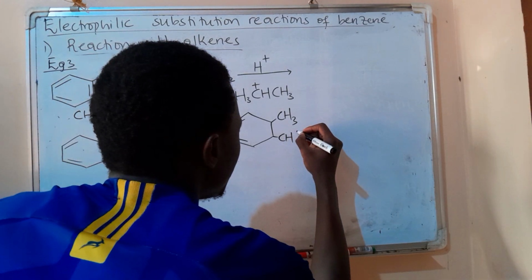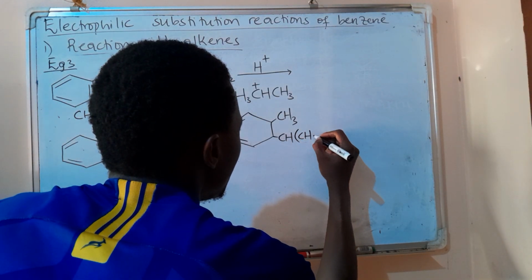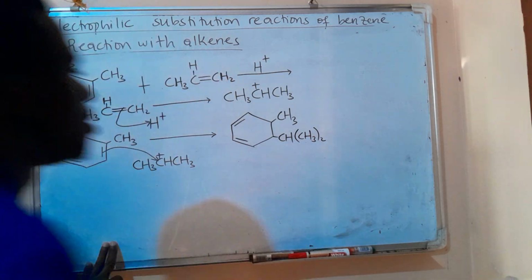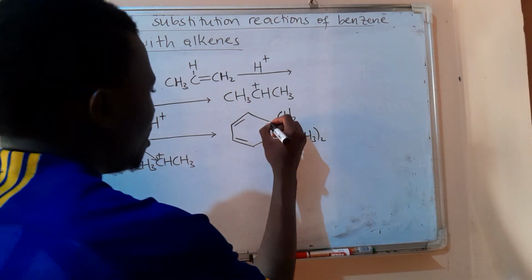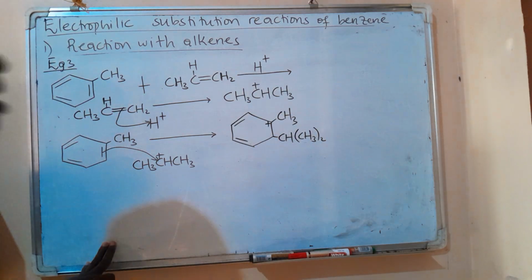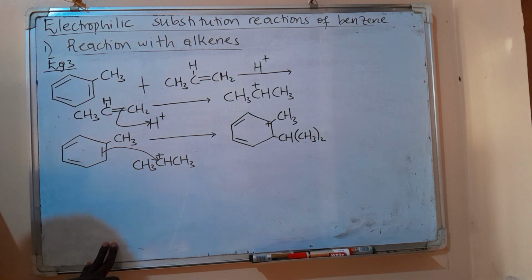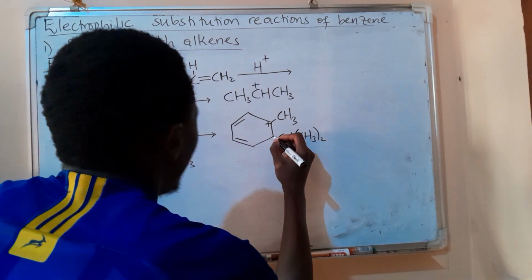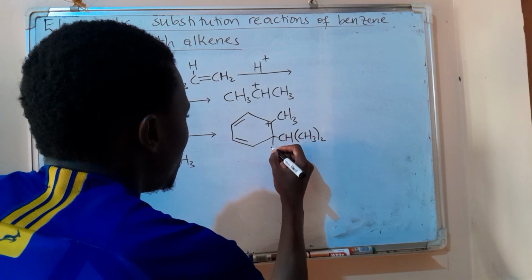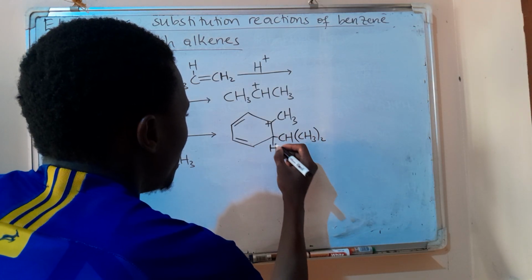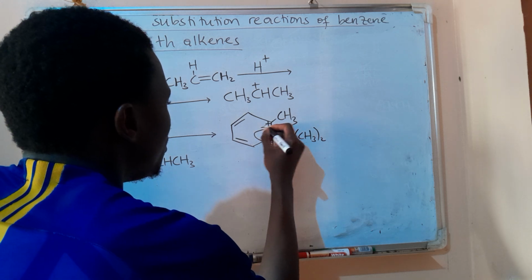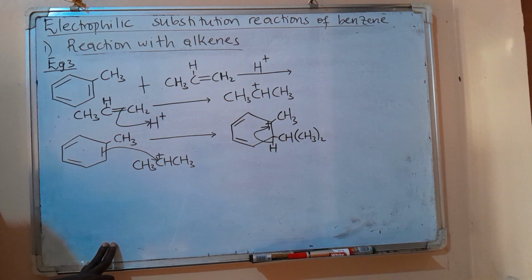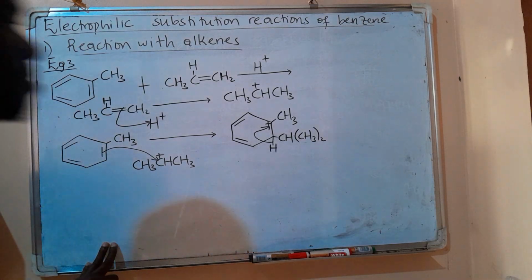So in simple terms, it is carrying 2 CH3 groups. So if it comes here, there is a plus on that carbon. Then I expose the hydrogen here, and it is used to donate electrons to that electron deficient carbon. Therefore, this hydrogen is lost.